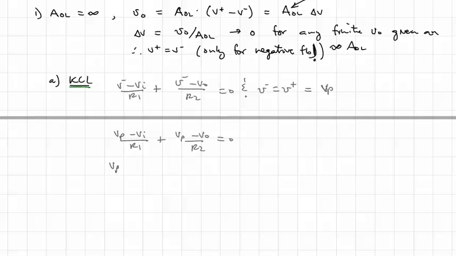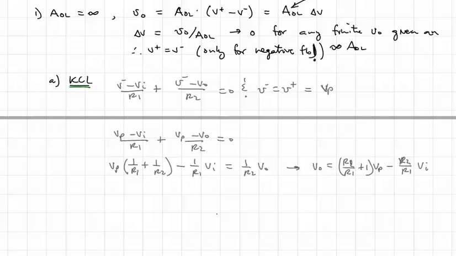And we can collect our terms. 1 over R1 plus 1 over R2 times VP minus 1 over R1 VI is equal to 1 over R2 VO, which multiplying through by R2 will give us R2 over R1 plus 1 times VP minus R2 over R1 VI.